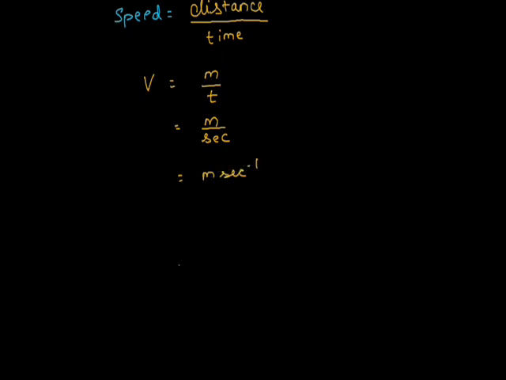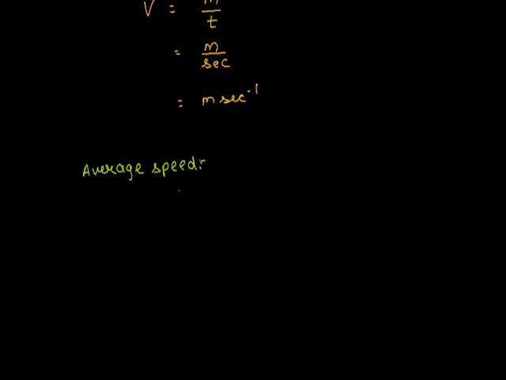So now there are different types of speed. We can classify speed in different types. Average speed. Average speed is the total distance upon total time taken.